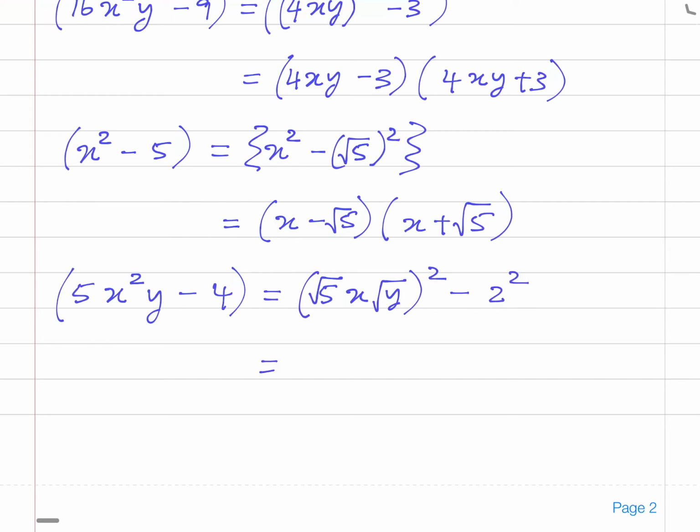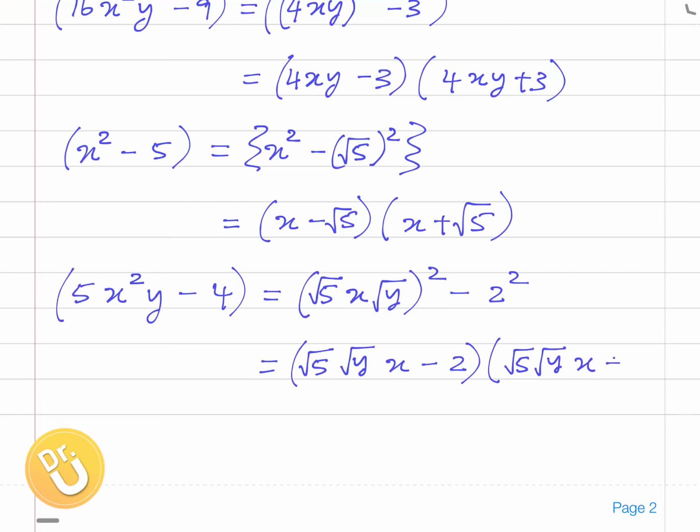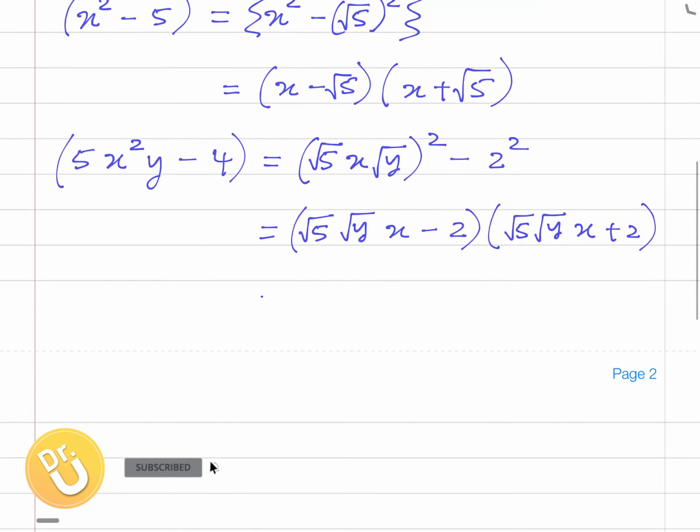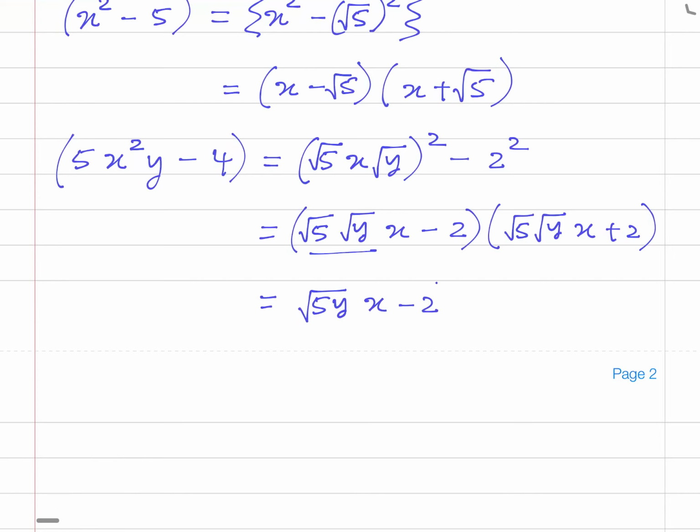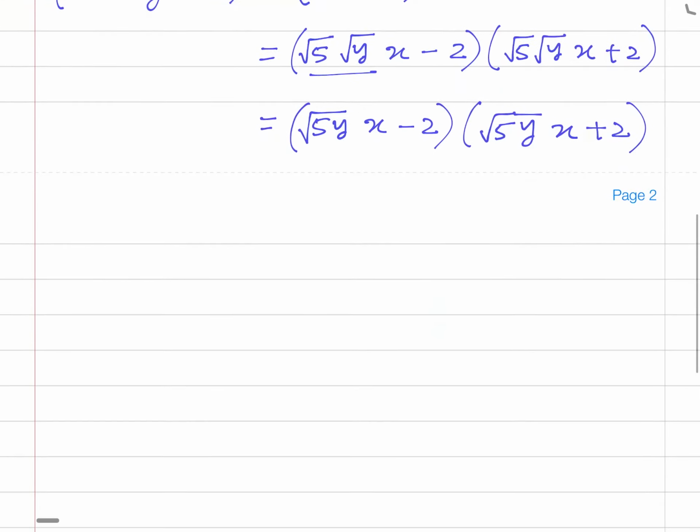Now here what we can do is square root 5, so I will put square root y here: (square root 5 square root y x minus 2) and (square root 5 square root y x plus 2). If you want, you can combine these together, which is square root of 5y with x outside, minus 2, and then square root of 5y x plus 2. So we have to be careful in that case.